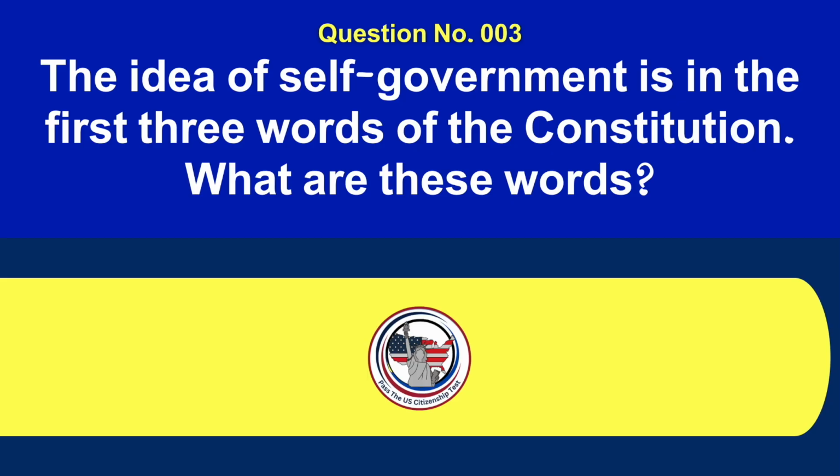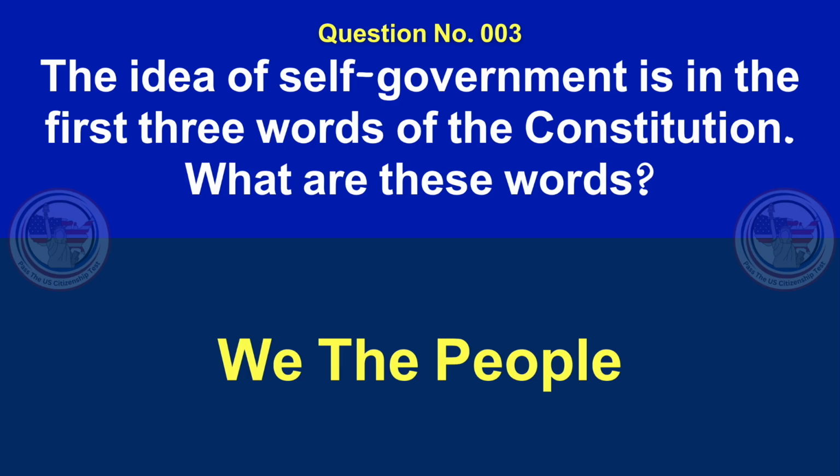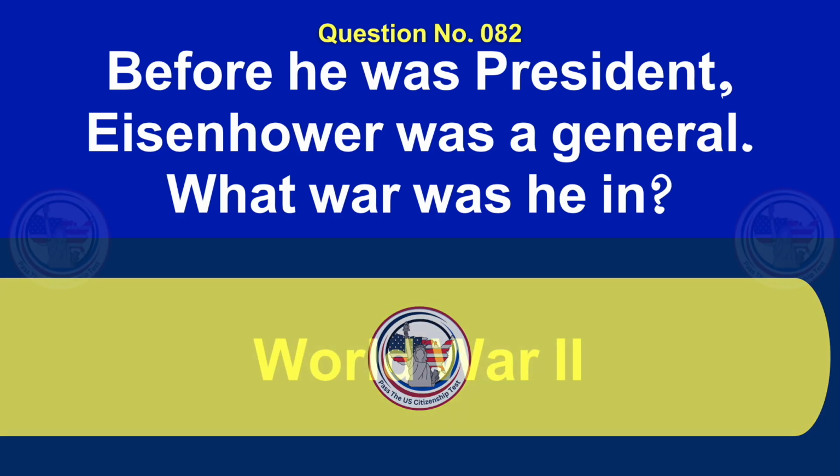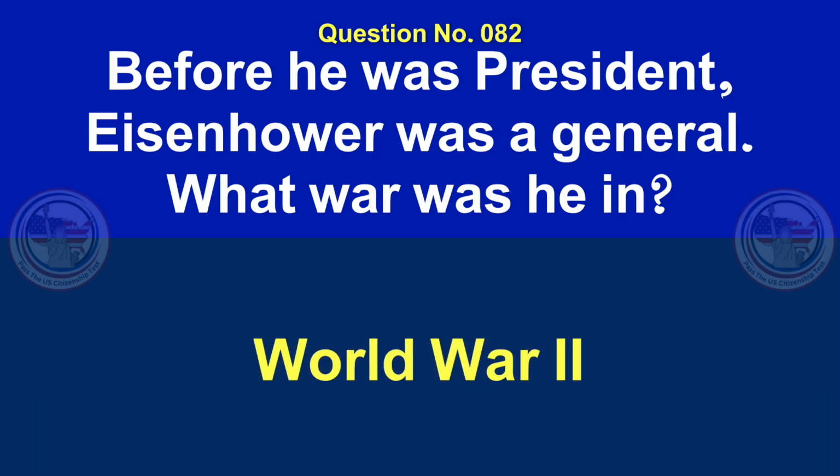The idea of self-government is in the first 3 words of the Constitution. What are these words? We the people. Before he was president, Eisenhower was a general. What war was he in? World War II.